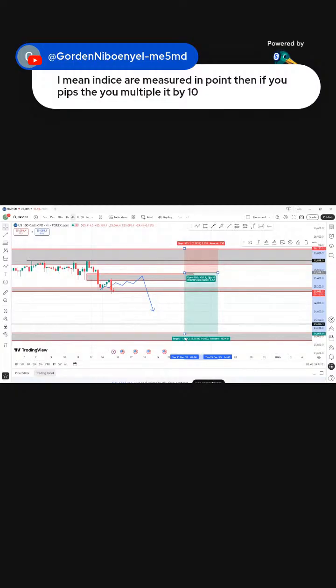I don't really understand because I've never traded indices. So I don't know how their pip there is calculated. I'm just giving you how they calculate pip on forex. You understand? So that's it.